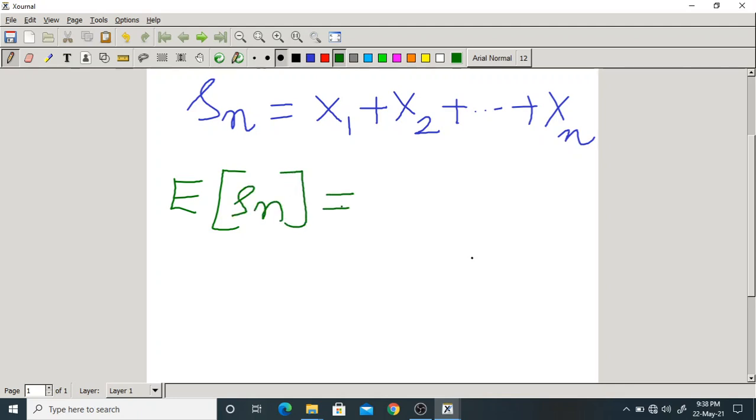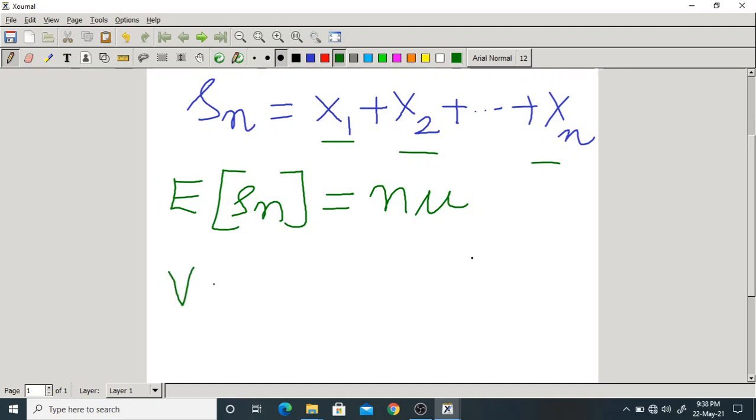All are having the same mean, so the expectation of Sn equals the expectation of x1 plus x2 plus x3, and so on, xn. The expectation of each random variable is mu. So it is n into mu. I think I don't need to calculate separately. You're okay with this, I hope.